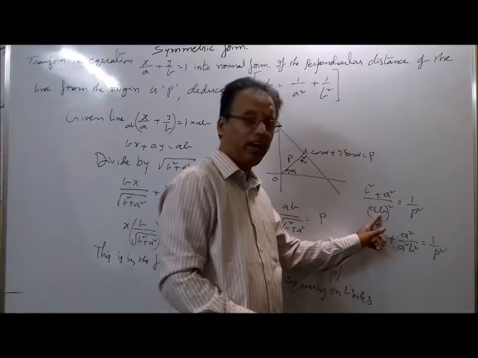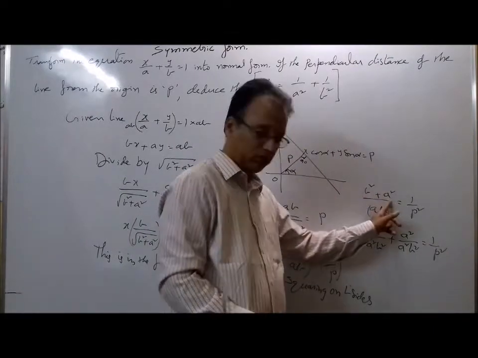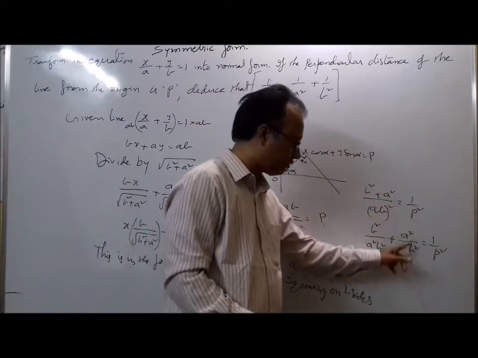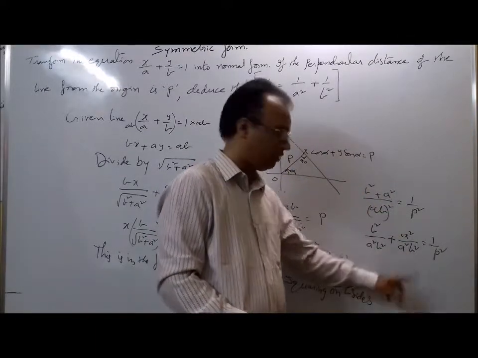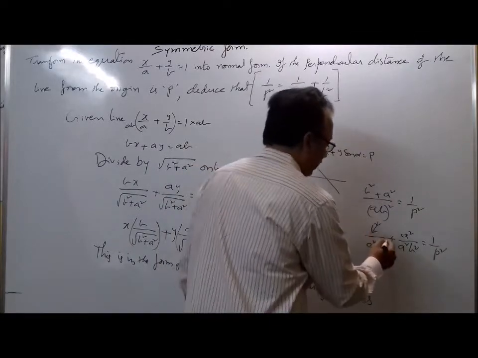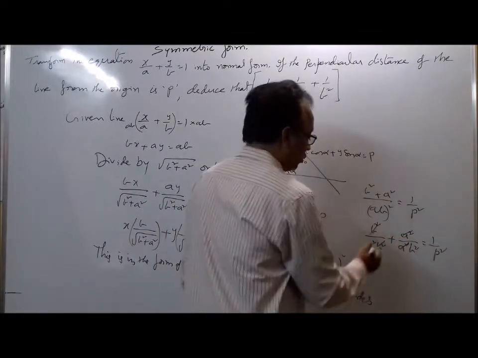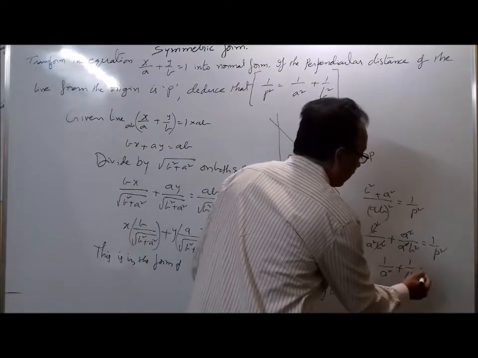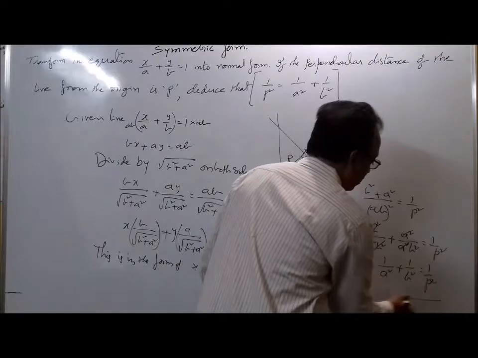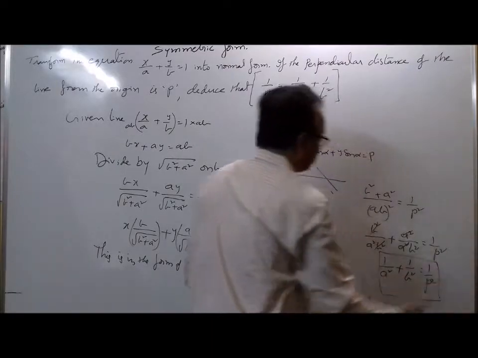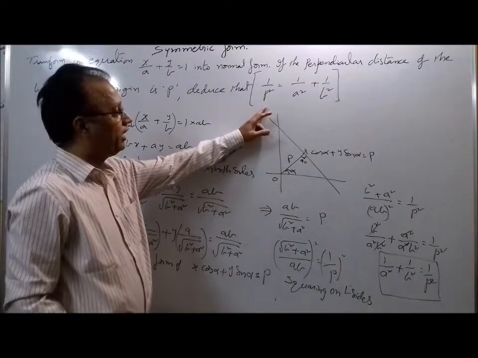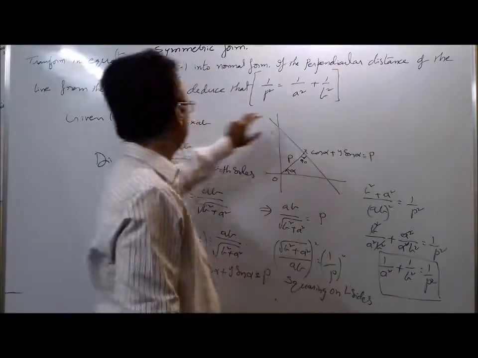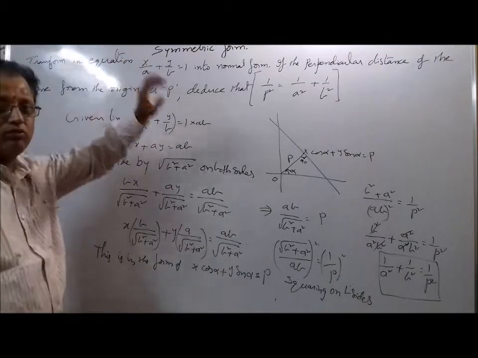That a square b square is the denominator for both. So for b square, this will come, plus for a square also a square b square. So what will cancel here? So 1 by a square plus 1 by b square is equal to 1 by p square. So this is the condition when p is the perpendicular distance from the origin for this line.